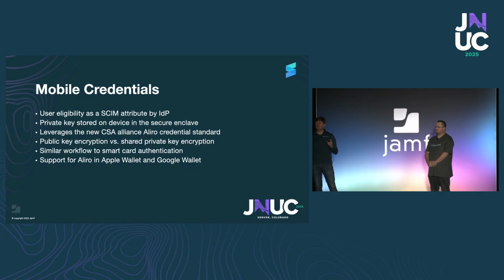We actually are using a signed public key certificate with your identity provider to say, hey, when I provisioned this credential, I gave you that certificate. Now you're seeing that certificate, you know who it is, and you can derive whether this person should have access or not. So dramatically more secure because you don't have to trust readers and all of these other little devices with private keys everywhere. And the impetus is on the device security to be able to keep that credential secure.